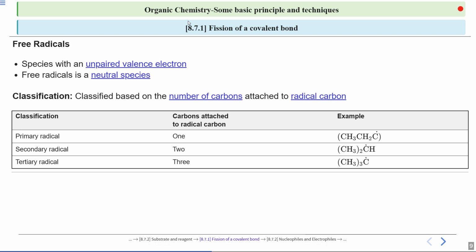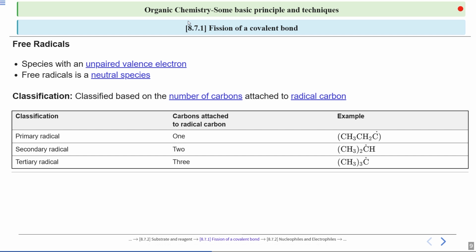Here the CH2 carbon is attached only to a methyl group, and it has one less valency than the complete octet carbon, right? That is the reason it has a radical upon it, and since it is attached to only one carbon, it is named a primary radical.